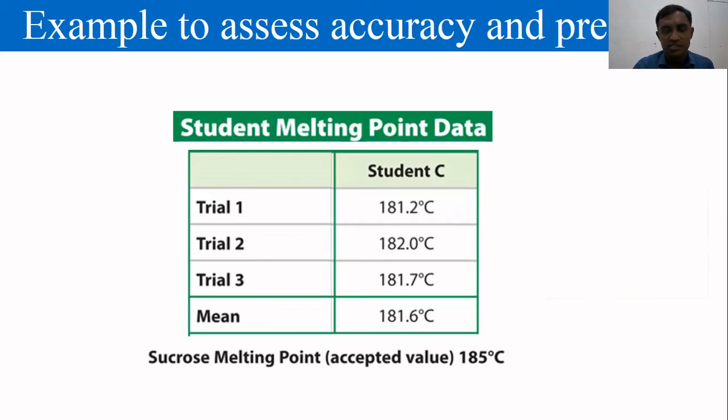Student C has three sets of data, and these data are far away from the true value, compared to students A and B, but they are close to each other, hence they can be accepted as precise values but not accurate values.